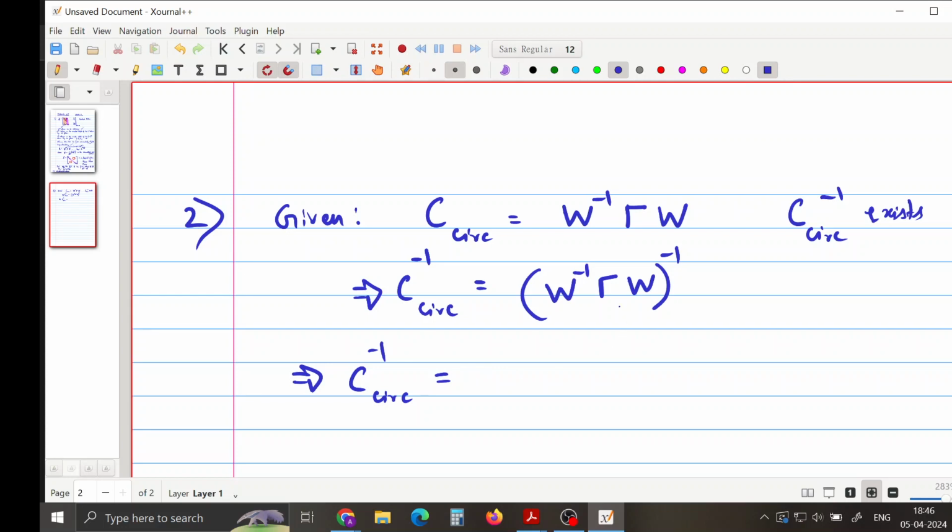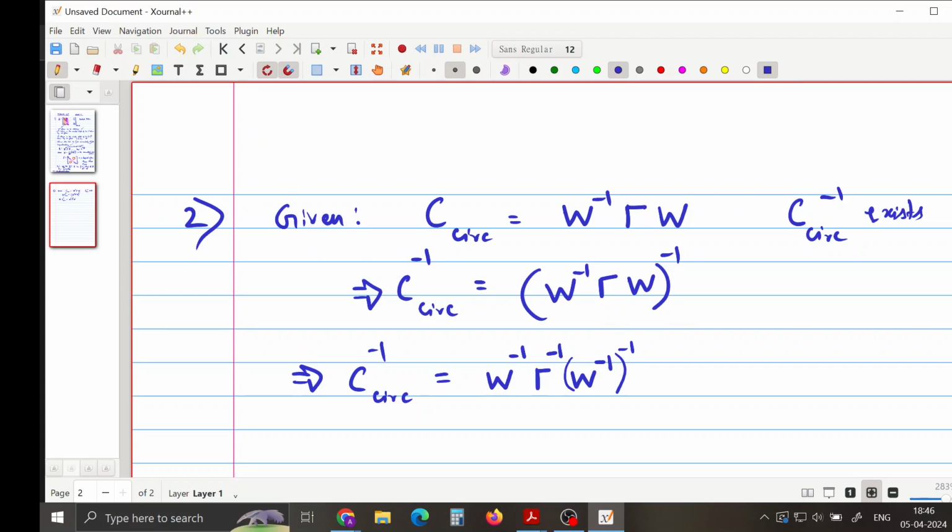You go from the right to left, right? The rightmost thing is this W, so this W comes in the front with an inverse. Then the second last is tau, which comes out with an inverse, and the first term, which is W inverse, also comes with the inverse.